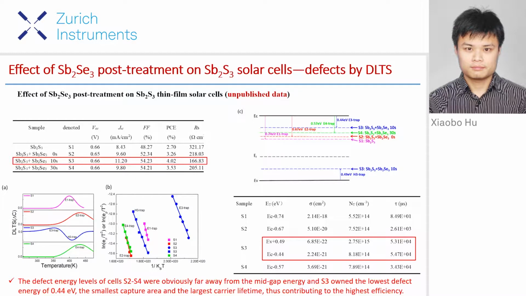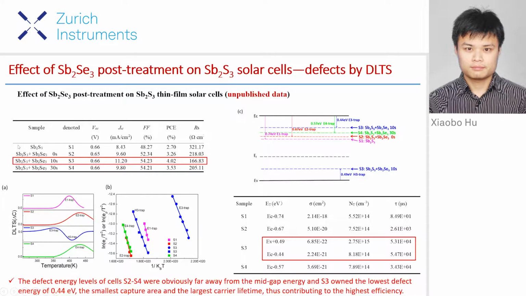Here we show the results by using the DLTS system to study the effect of antimony cyanide post-treatment on antimony sulfide thin film solar cells. So this is unpublished data in our lab.